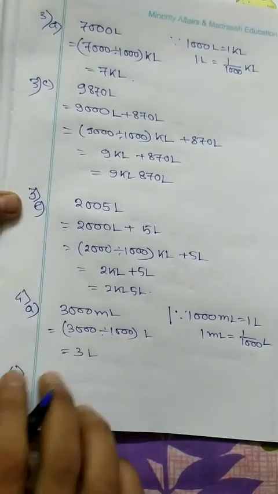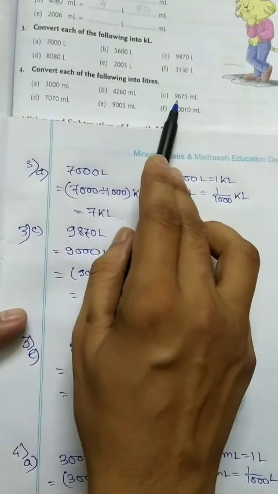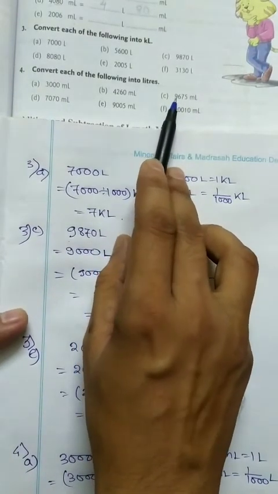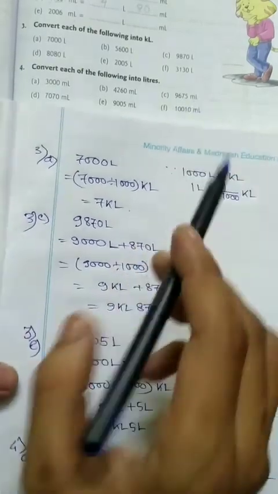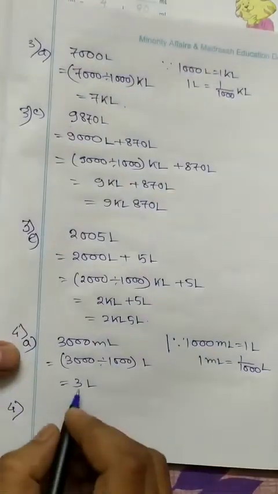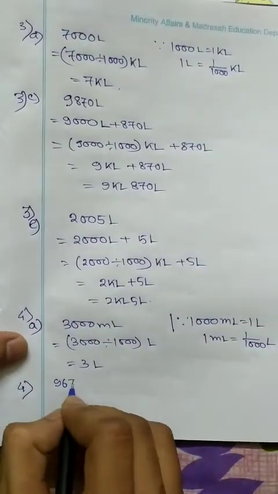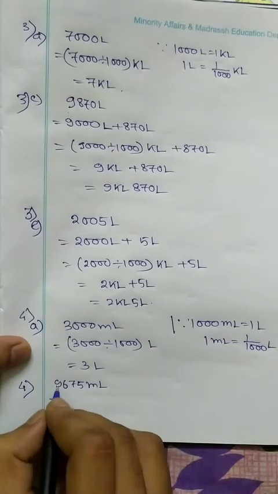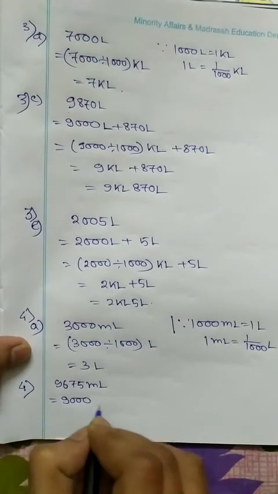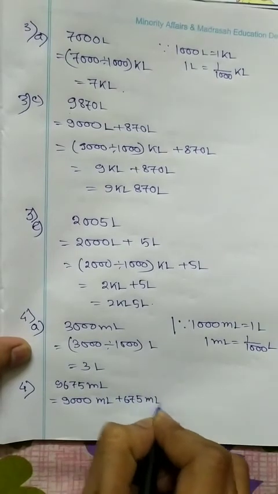Now 4C, 9675 milliliter. First separating this, 9000 milliliter plus 675 milliliter.